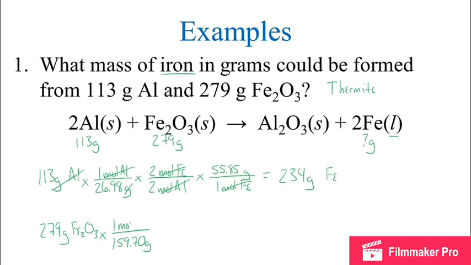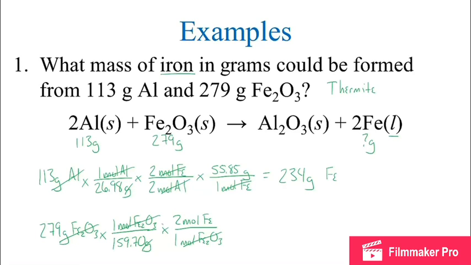That's the mass of a mole of iron 3 oxide. Okay, so grams iron 3 oxide cancels. Now I have moles. Again, I'm trying to relate iron 3 oxide to iron. So for every 1 mole of iron 3 oxide, I produce 2 moles of iron. So 1 mole iron 3 oxide produces 2 moles of iron.